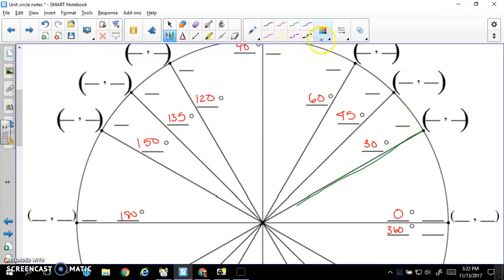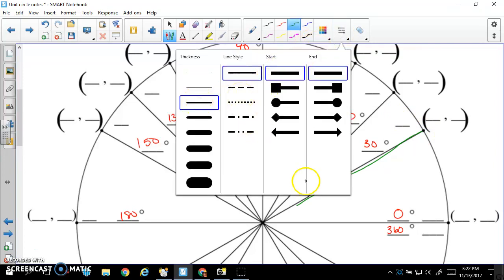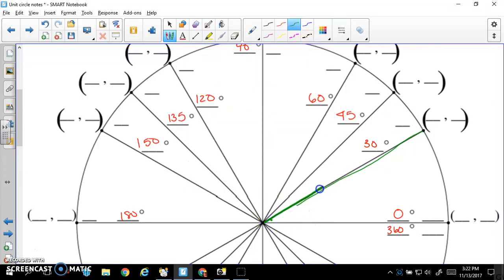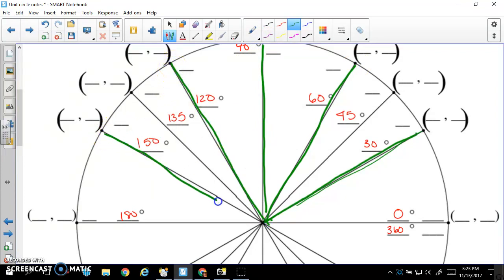I can break this down into threes. If you think about a piece of pie or a big pizza, I have 1, 2, 3, 4, 5, 6. I have 6 of this right here.